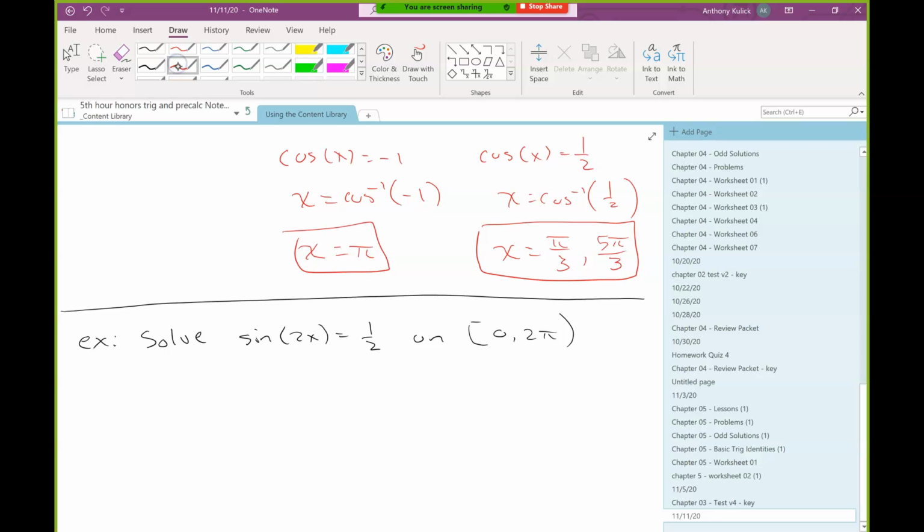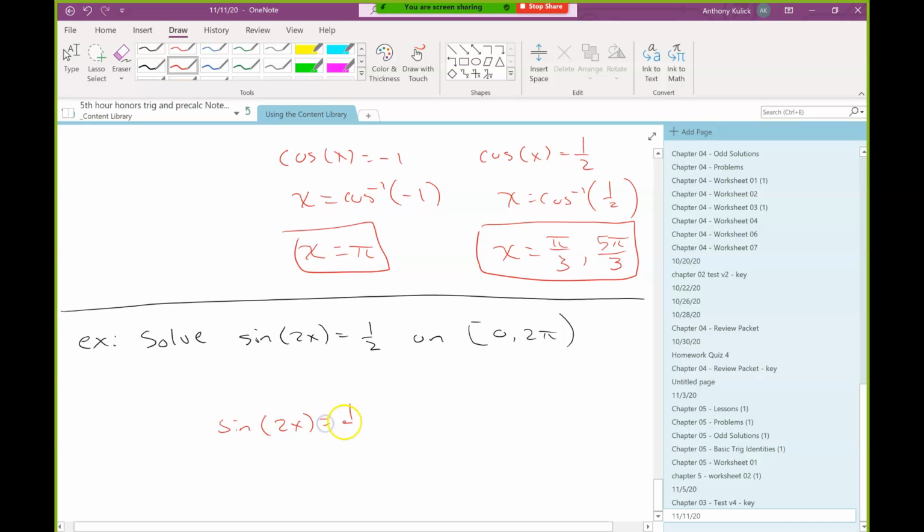So let's say we want to solve sine 2x equals 1/2. How is this different than any of the problems we've seen before? We have a coefficient on the variable. Exactly right. So that's going to make things a little bit different.